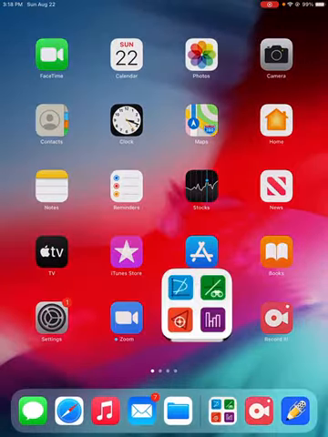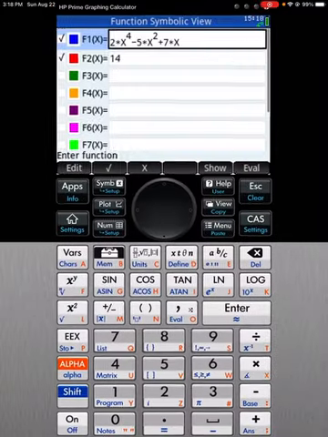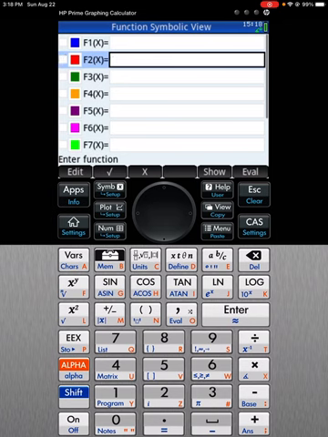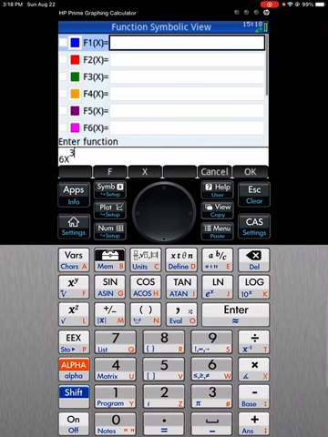I'm going to plug in our function, which was 6x cubed minus 12x plus 5. Okay, plot.